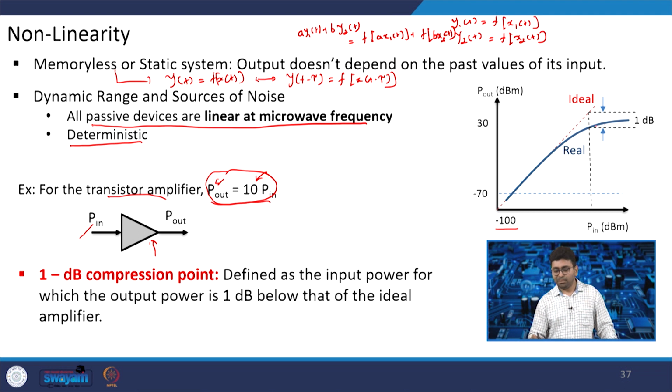The point at which the gain is 1 dB less than the ideal value is defined as the 1 dB compression point. So there is non-linearity associated with active components, and we will try to understand the types of non-linearity in an RF system.